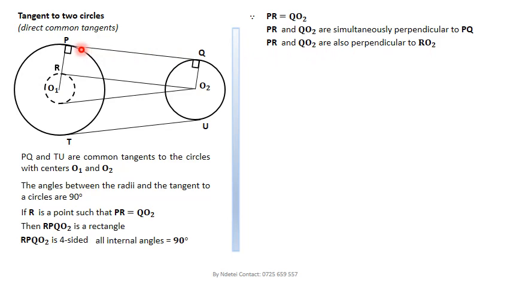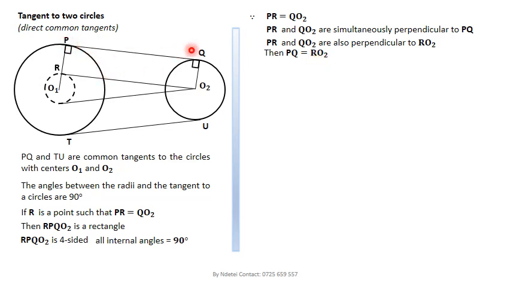Let me say that since PR and QO2 are simultaneously perpendicular to PQ, it means that PR and QO2 are parallel. Now, again, because PR is perpendicular to RO2, it means also QO2 is perpendicular to RO2. And so that's why I'm saying this statement here, that PR and QO2 are also perpendicular to RO2. And of course, we now know PQ must be the same in terms of length as RO2.